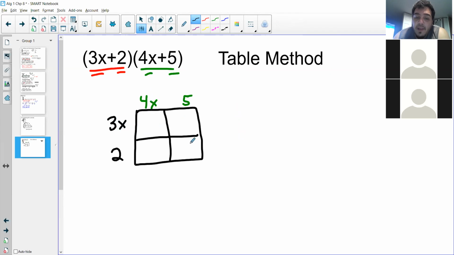Here, we're going to multiply between each thing. So first box, I'm going to do 4x times 3x. That's going to give me 12, x to the 1, x to the 1, x to the second. So 12x squared.